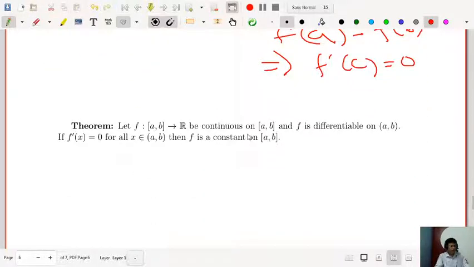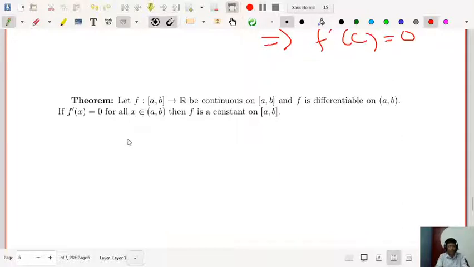There is another theorem: f is a real valued function defined on a closed interval [a,b], continuous on [a,b], and differentiable on the open interval (a,b). If f dash x is equal to 0 for all x belonging to (a,b), then f is a constant function, not at one point or at least one point, but for all x.